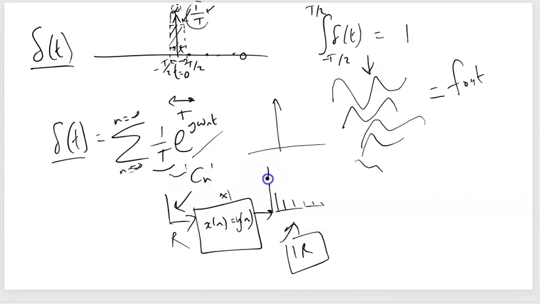Think about this, these are all Dirac functions, but they're shifted. This is minus 1, this is minus 2, and so on, and they're all scaled.